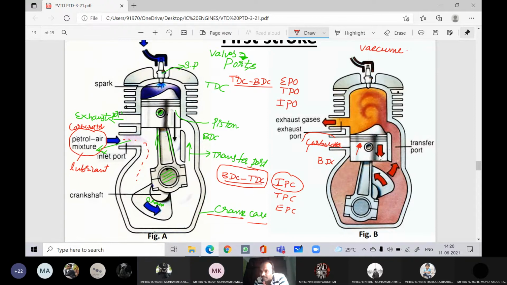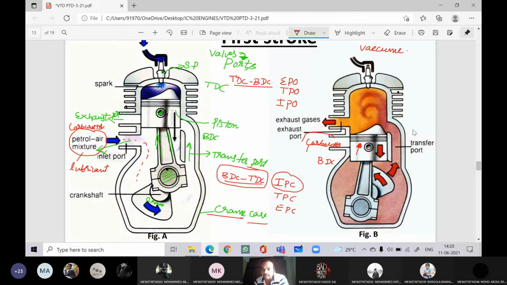Now during the travel of this piston, first it uncovers the inlet port, then it covers the transfer port. Right. So what is the purpose of the transfer port?